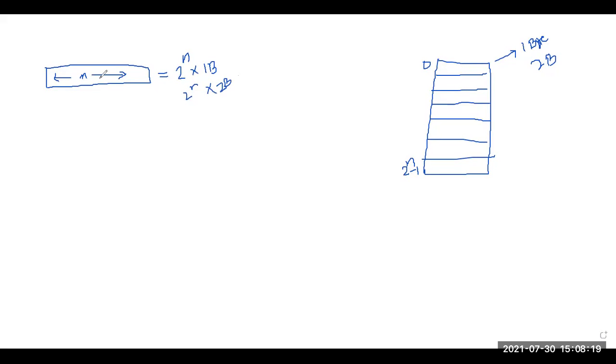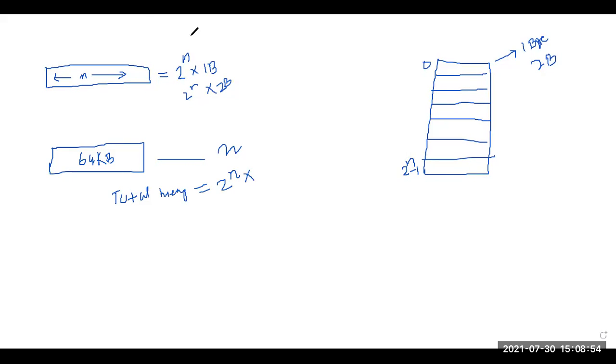So we have learned. The second thing we learned: if total memory is given, suppose memory of 64 KB is given, can I find the number of bits? Yes, I can. The formula is: total memory is equal to 2 to the power of n into the addressable unit, whether it's byte addressable or any other.